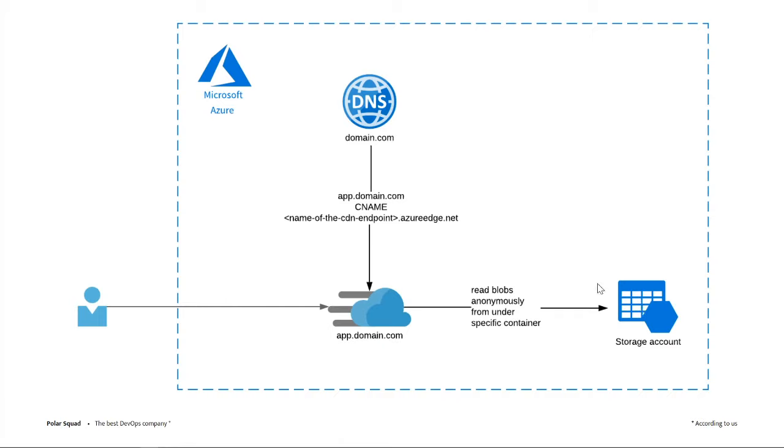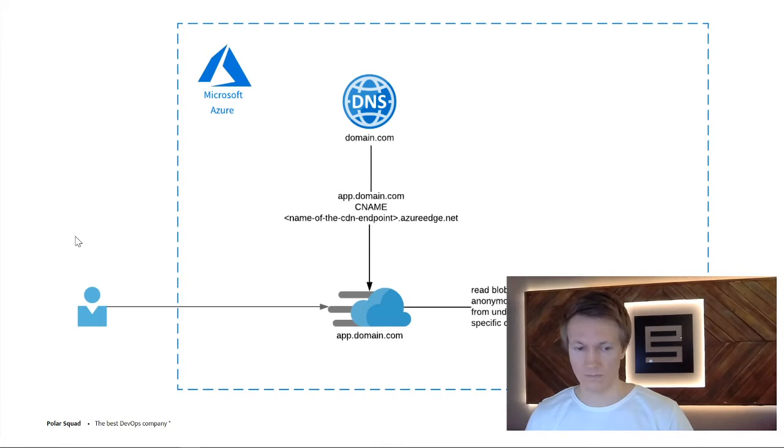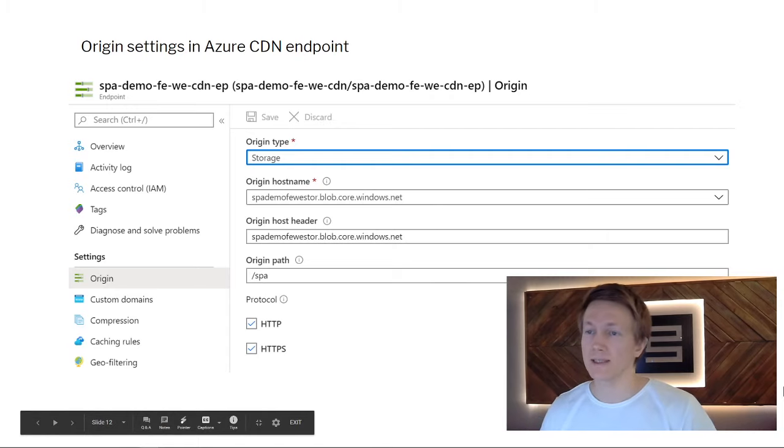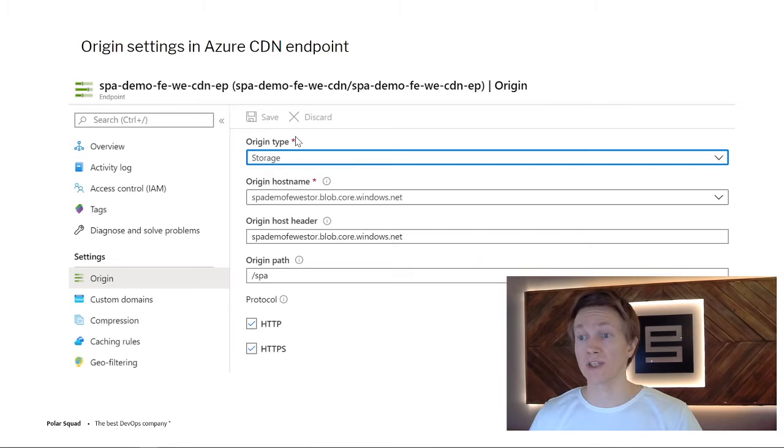And for the origin settings, there you would have origin type as storage. So the CDN endpoint can integrate directly with a storage account using this origin type, and you can just define the storage account blob storage default primary endpoint here.